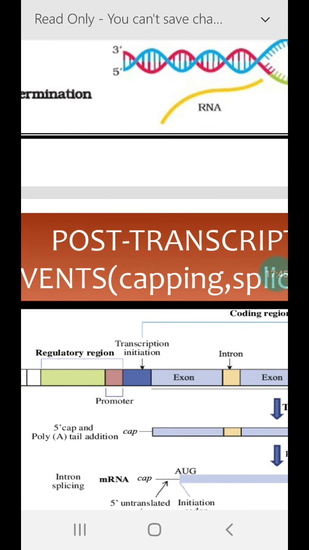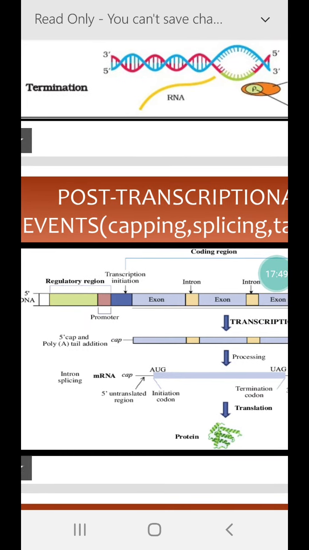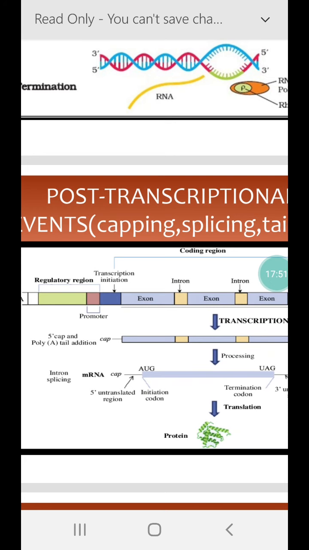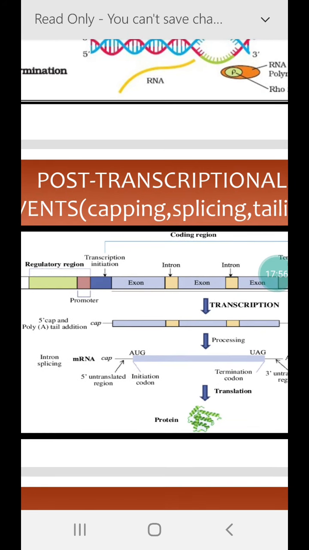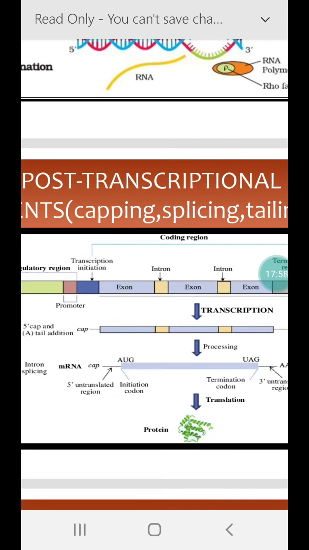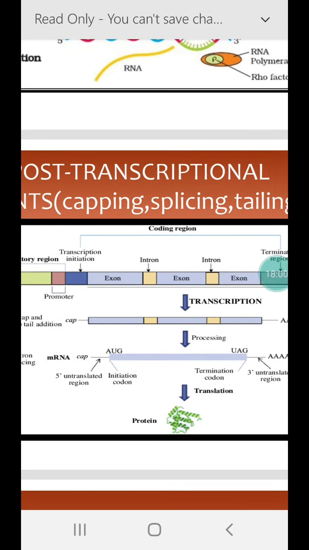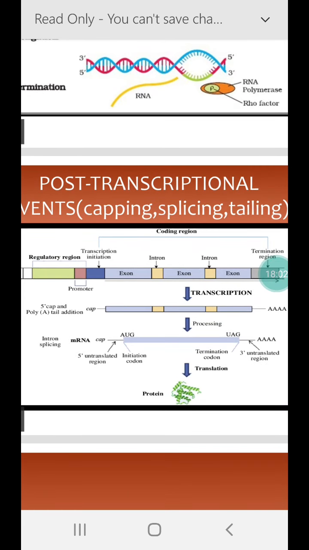After the formation of mRNA, a number of post-transcriptional events or changes occur, and these are capping, splicing and tailing. We'll see them one by one.